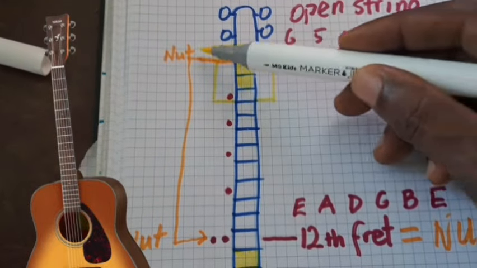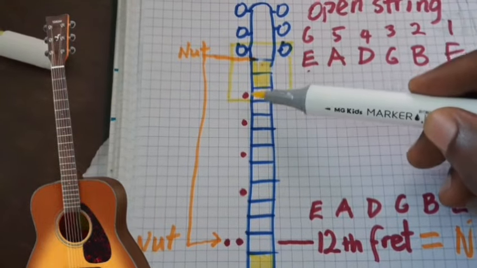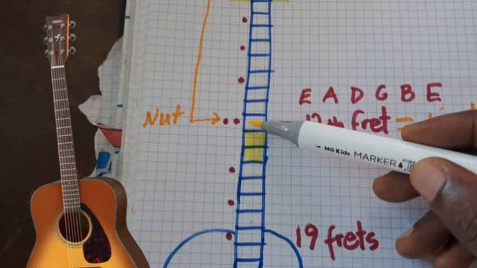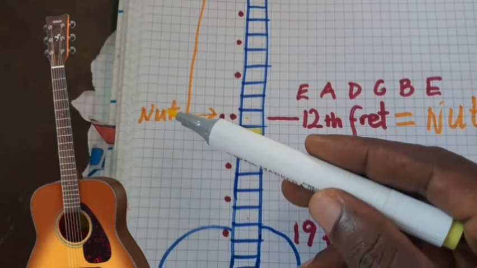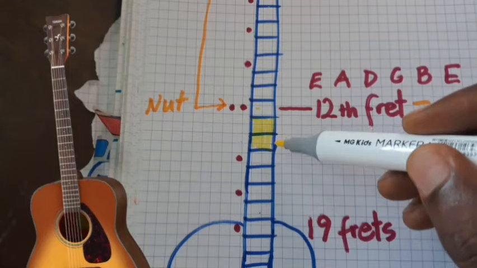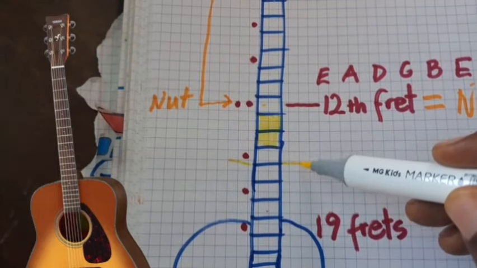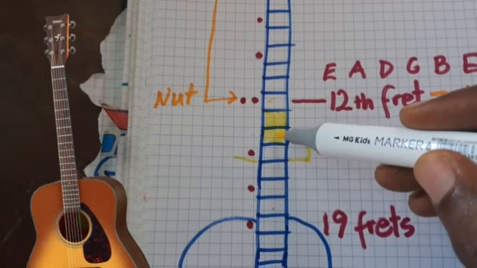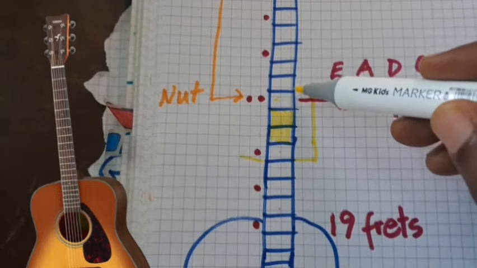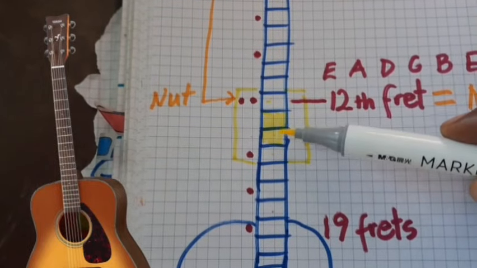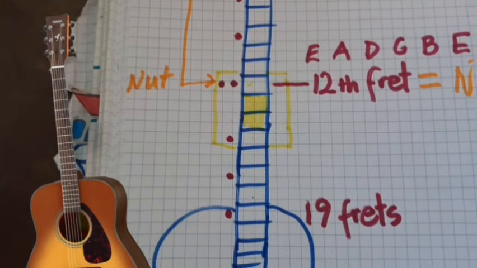If we accept that this knot serves as a fret, that means we are counting 1, 2, 3, 4. The same thing here. If we accept that this fret actually serves as a knot, we'll be counting to the dot: 1, 2, 3, 4. The same way.